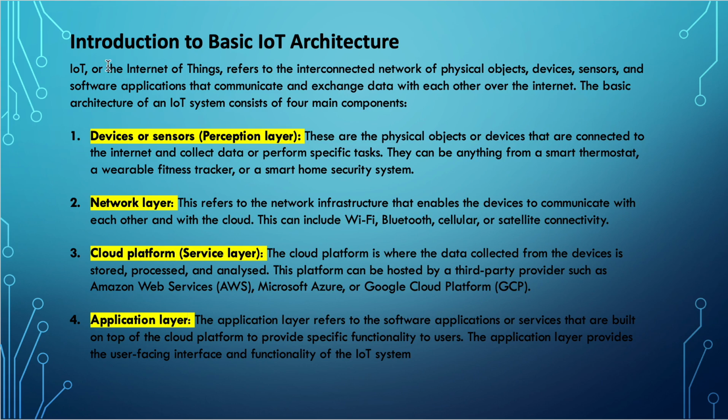Let me go through the sentence from beginning to end. IoT, or Internet of Things, refers to the interconnected network of physical objects, devices, sensors, and software applications that communicate and exchange data with each other over the internet, right?